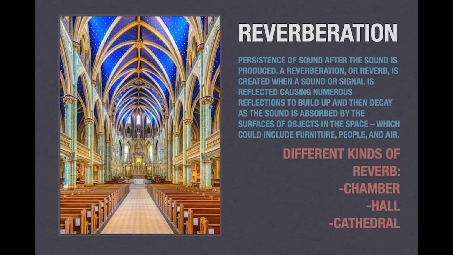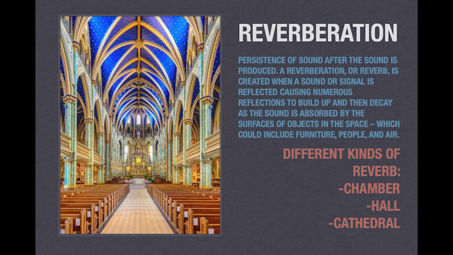Another form of sound bouncing around a lot is something called reverberation or reverb. It's actually a desired effect a lot of times in vocals for music. But reverberation is the persistence of sound after the sound is produced. A reverberation is created when a sound or signal is reflected, like we were just talking about, but it causes numerous reflections to build up and then decay as the sound is absorbed by the surfaces of objects in the space.